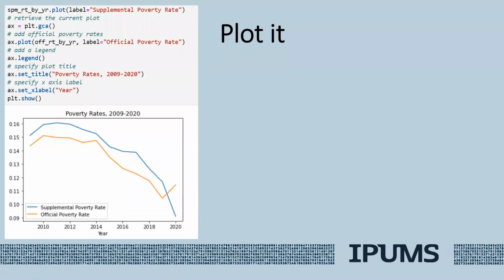And another nice aspect of this approach is how easy it is to extend our analysis to new similar variables, right? So imagine in a couple years, the Census Bureau releases a new experimental poverty measure, and you want to see how that compares to what is currently available, right?